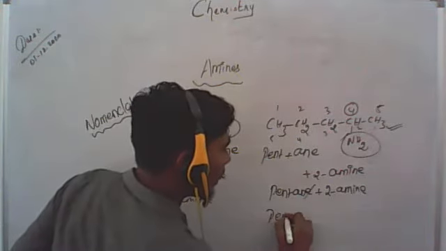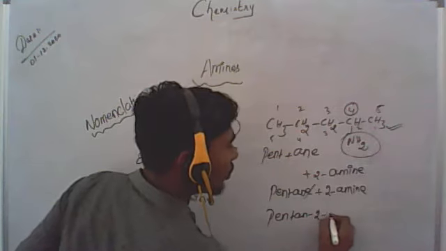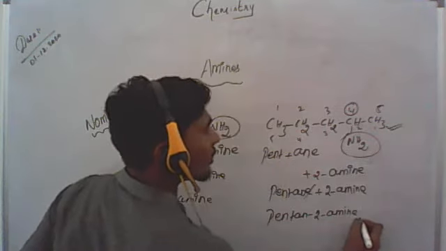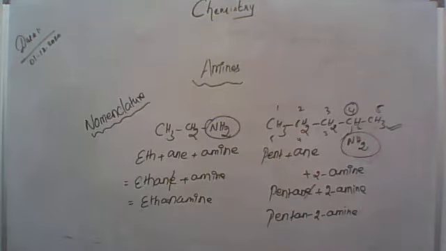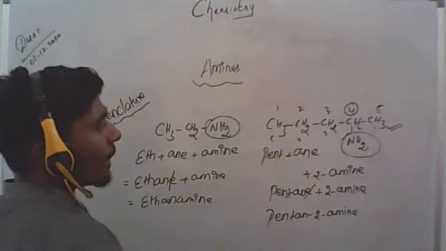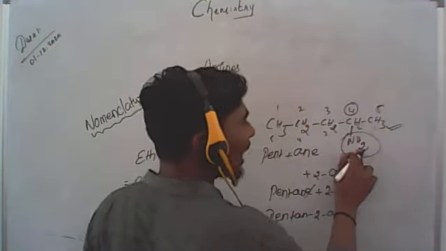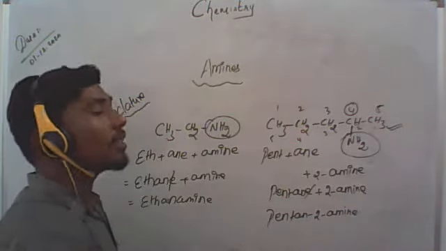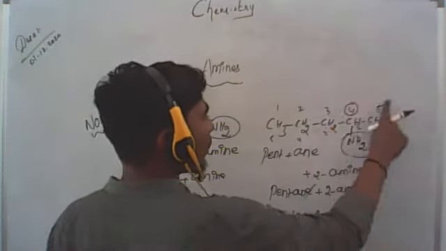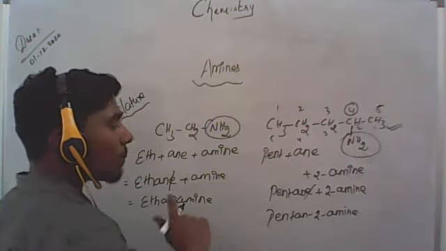So it is pentan-2-amine. Okay, pentan-2-amine. So which type of amine is it? Primary, secondary or tertiary? See here, this is a primary amine. Why? Because only one hydrogen is replaced by this group. Okay, so this is a primary amine type.